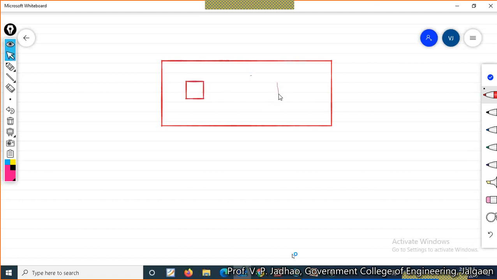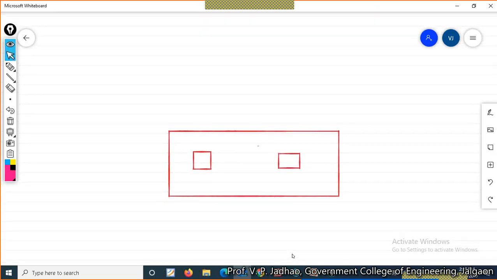We'll be having two different columns like this. Some load W will be acting on this column and the second column.